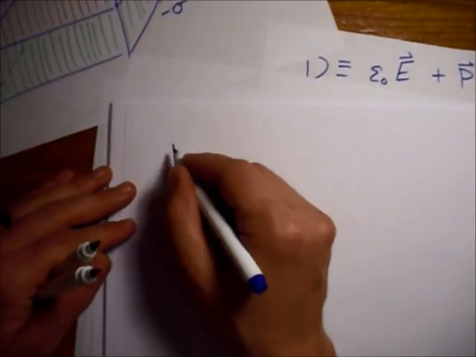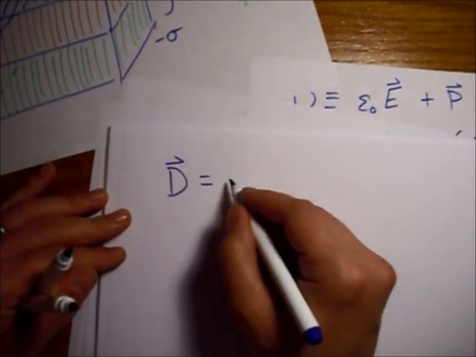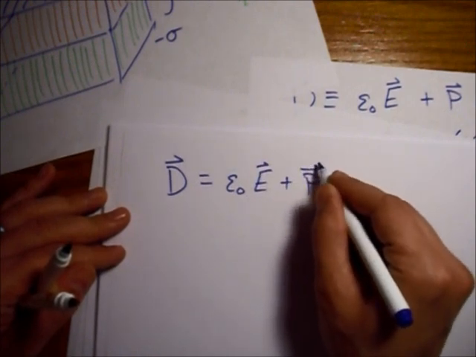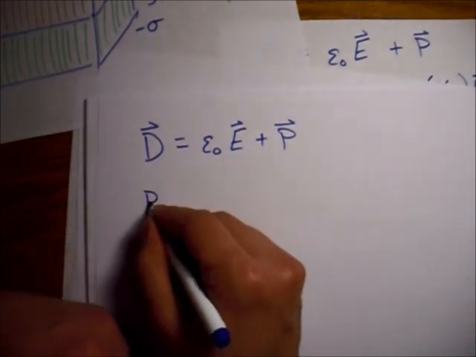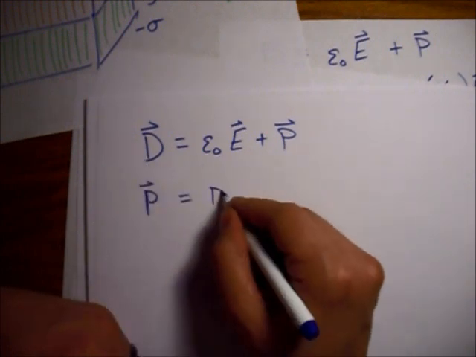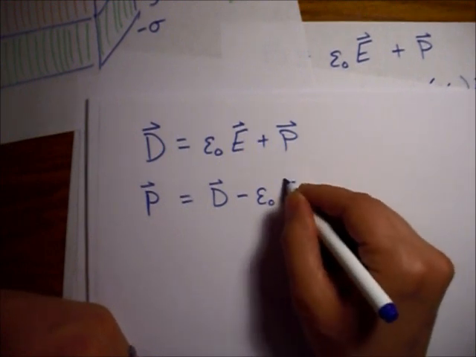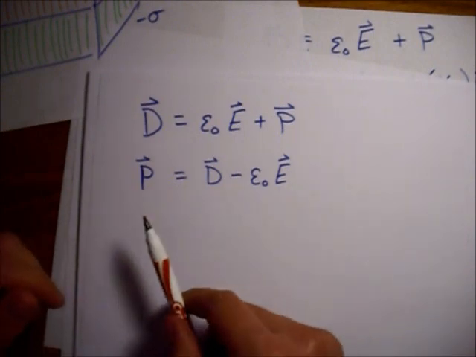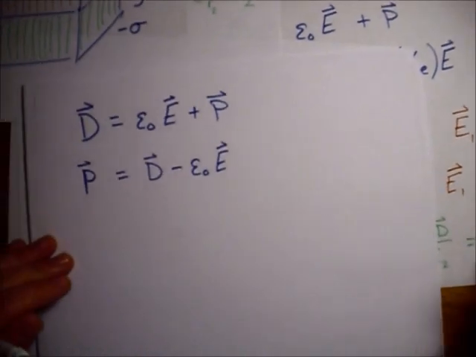So let's again just write out this little definition of D. Okay, so now we're solving for P. And that is just equal to D minus epsilon naught multiplied by E. So we know what D is for each of these slabs, and now we know what E is. We just found that over here.